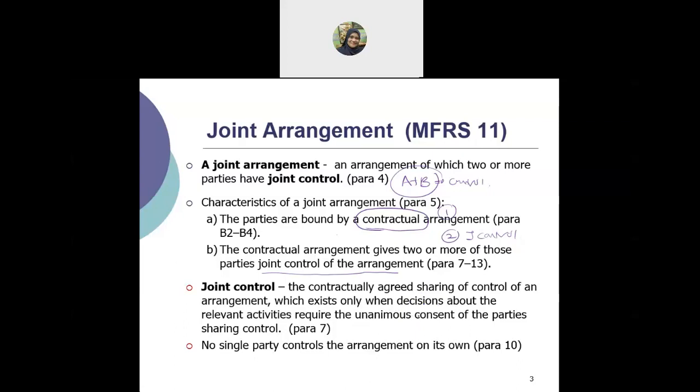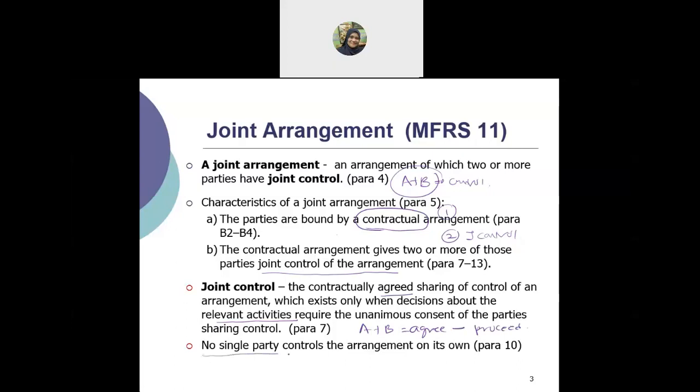Any decision made for that new business should be agreed by both parties. They need to have consent between A and B, and when they agree, then you can proceed with any relevant activities.